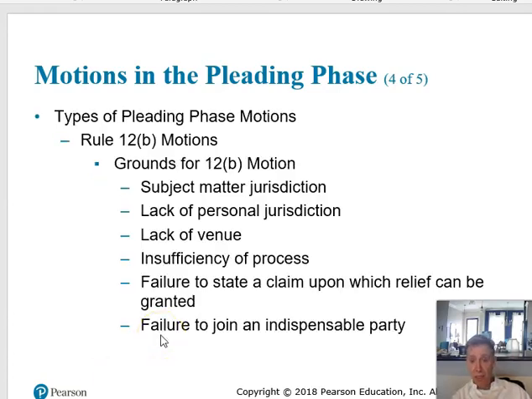Other types of motions are, hey, this court lacks subject matter jurisdiction or personal jurisdiction, or this is not the proper venue. There's something faulty in the process. Failure to state a claim upon which relief can be granted, and failure to join an indispensable party. Now, most of these motions can be corrected through another motion, of course.